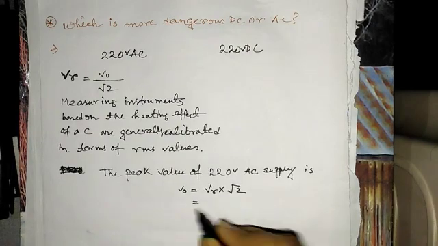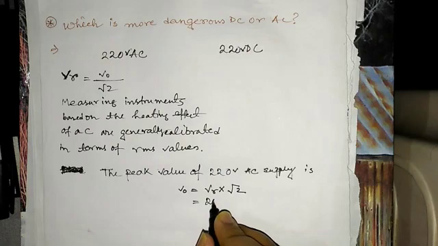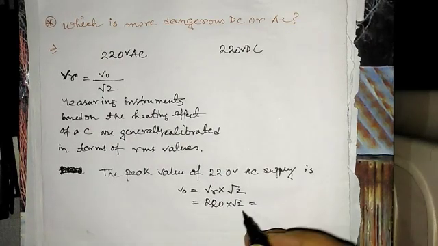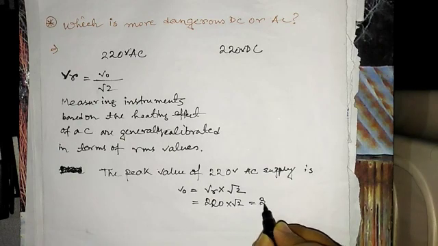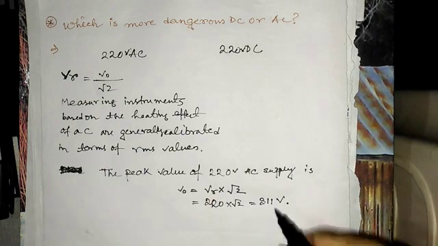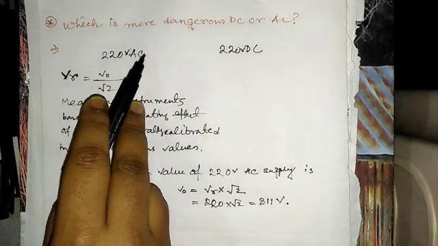The RMS value is 220, so 220 into root 2. If we calculate this, we get 311 volt. So that is the peak value of 220 volt AC supply.